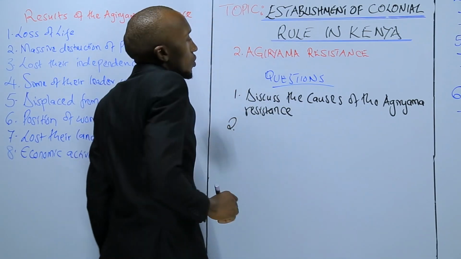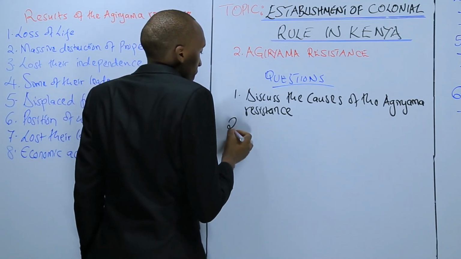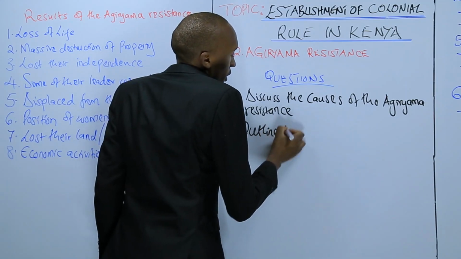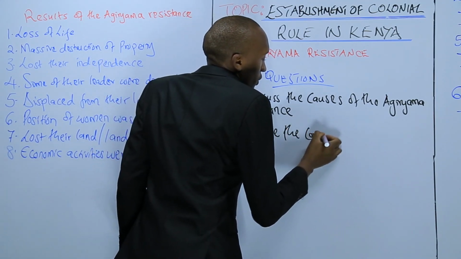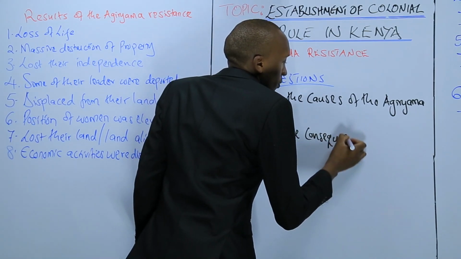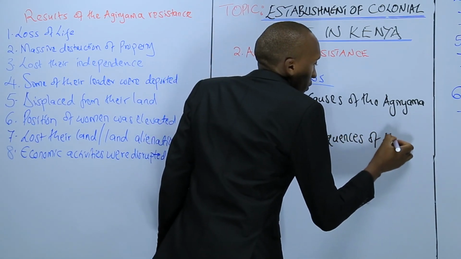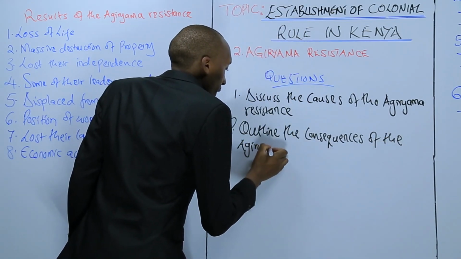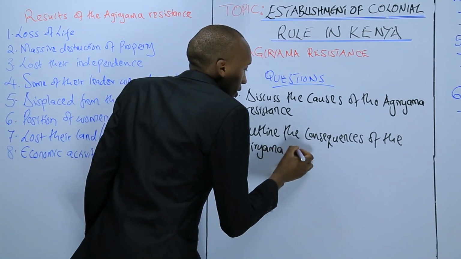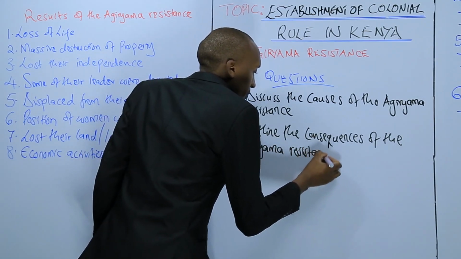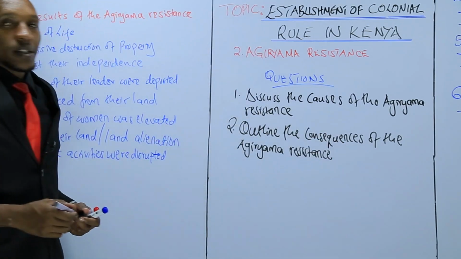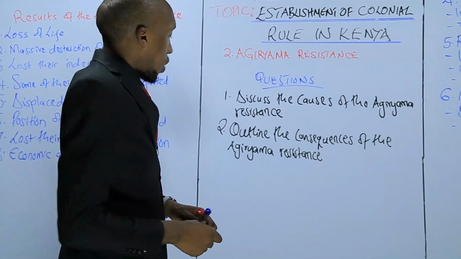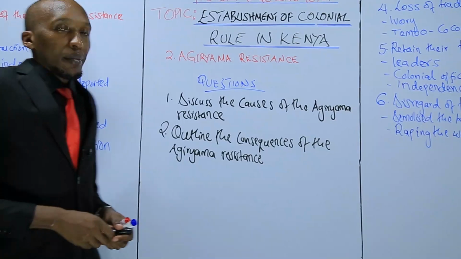And then number 2, outline the consequences of the Agiryama resistance.